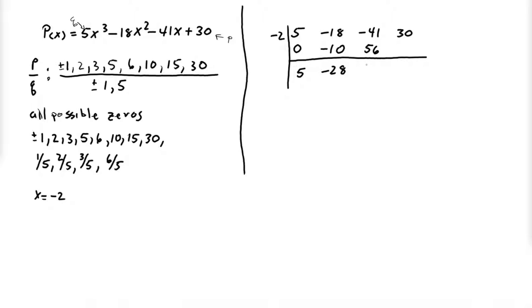So that's going to be 15. -2 times 15 is -30. And I get the 0 there that I need to indicate that that was actually a factor. So I've determined one rational zero, and I've taken my third degree polynomial and reduced it down to a second degree polynomial.